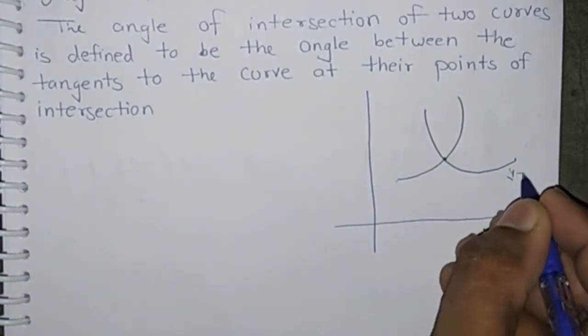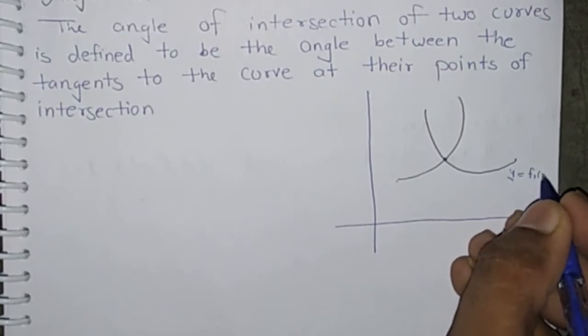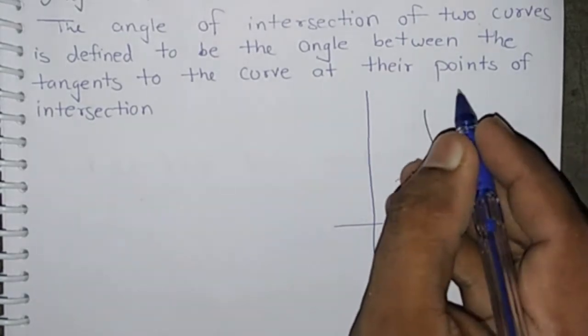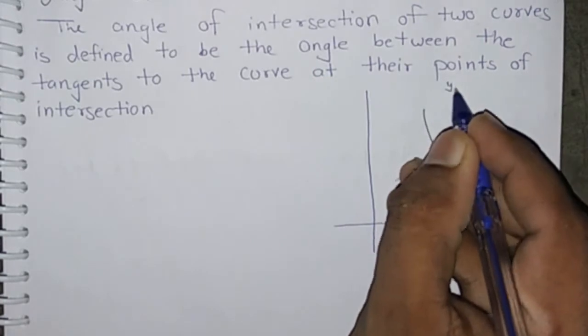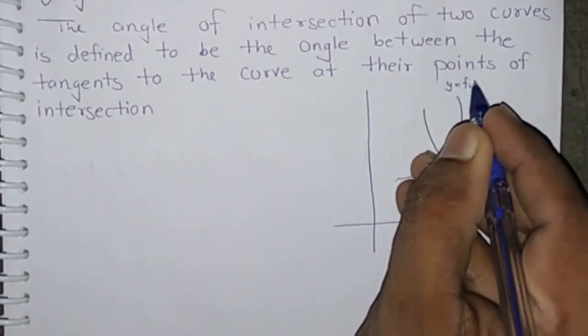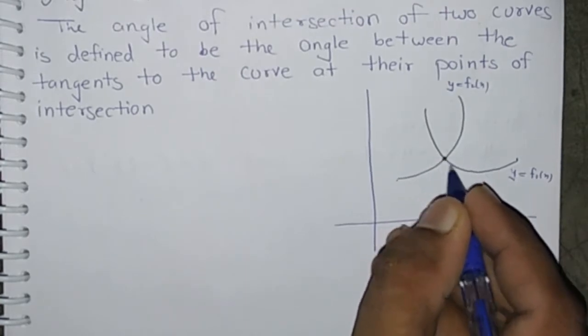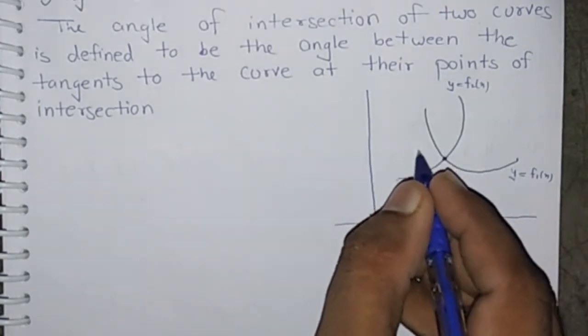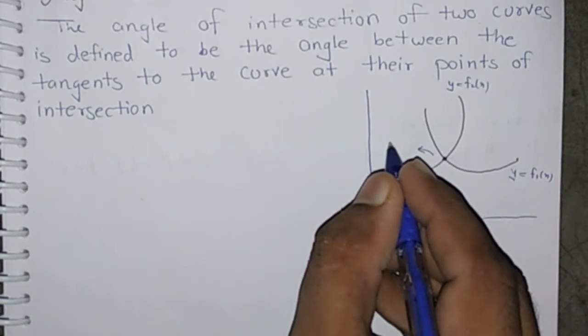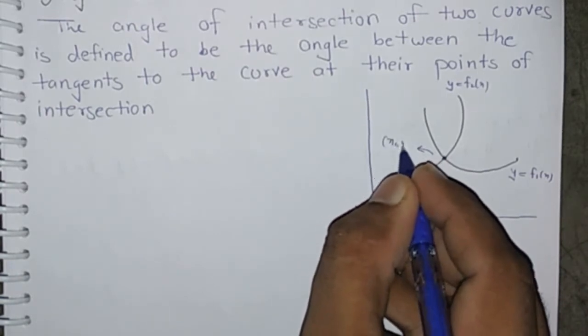There are two curves. First is y equal f1x and second curve is y equal f2x, and let the point of intersection of both these curves be x1 comma y1.